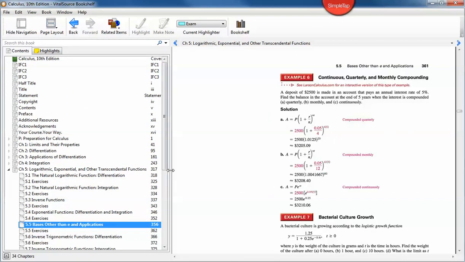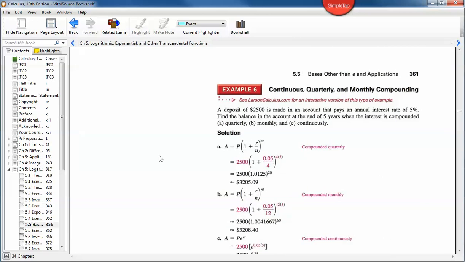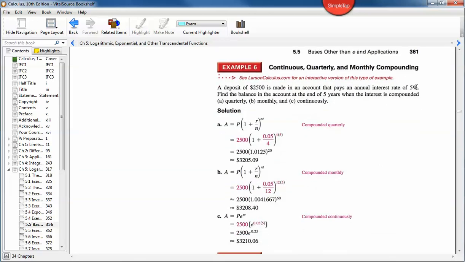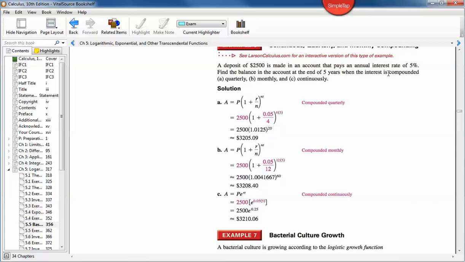You can look right here. If you make a deposit of $2,500 into an account that pays an annual interest rate of 5%, find the balance in the account at the end of 5 years when the interest is compounded quarterly, monthly, or continuously.